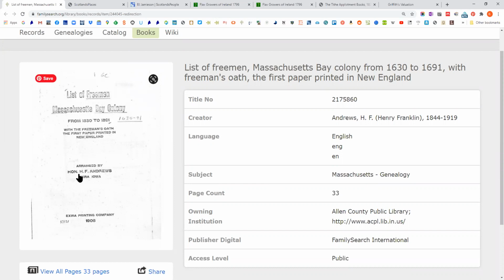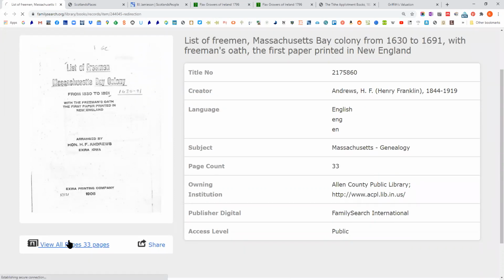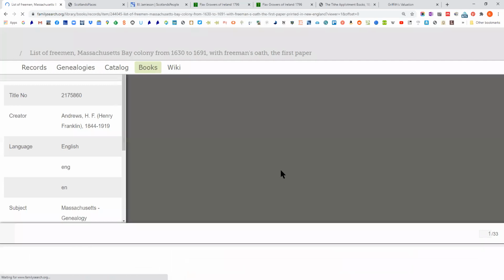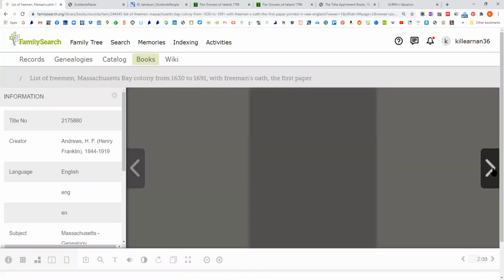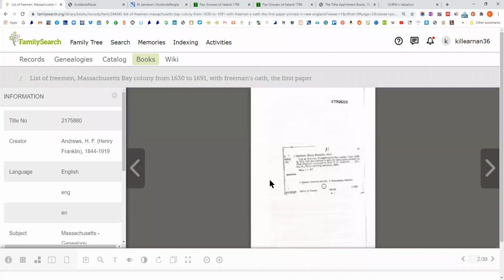But again, this is one of several where it's been printed, and you'll see they've even put the old style card catalog card here.